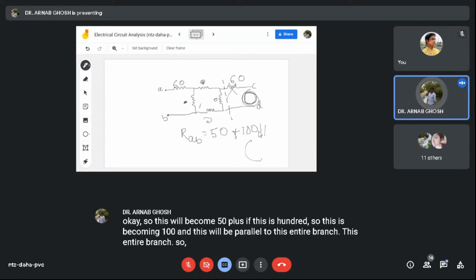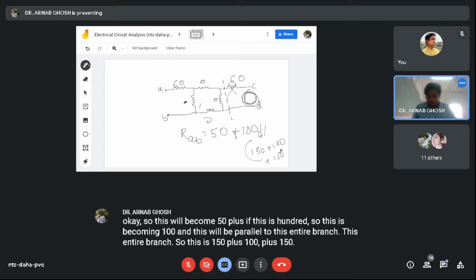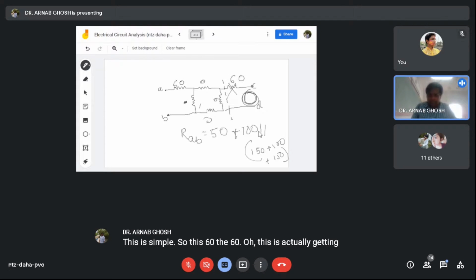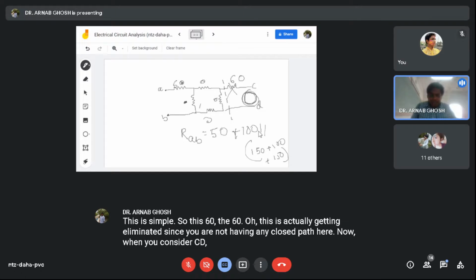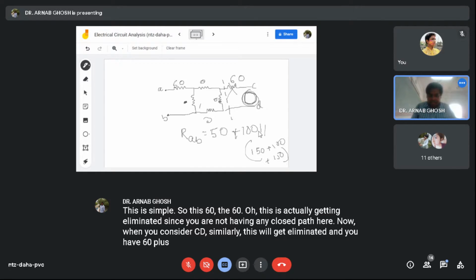So this is 150 plus 100 plus, this is simple. So this 60 actually gets eliminated since you are not having any closed path here. Now when you consider CD, similarly this will get eliminated and you have 60 plus this entire branch.